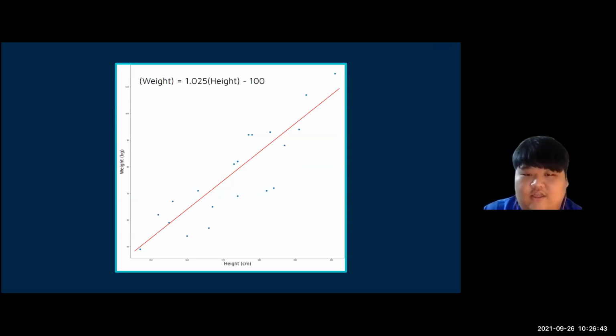Then the plot of that function looks like this, the red line in the middle. This seems reasonable since it is dividing the data in the middle, and the distance between the line and each data point looks quite balanced, right?